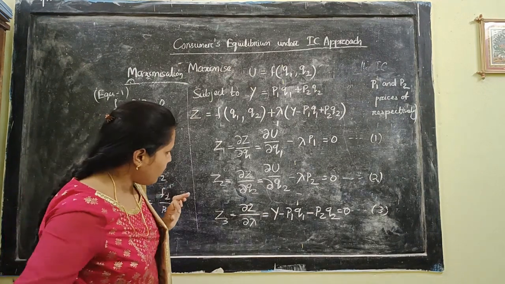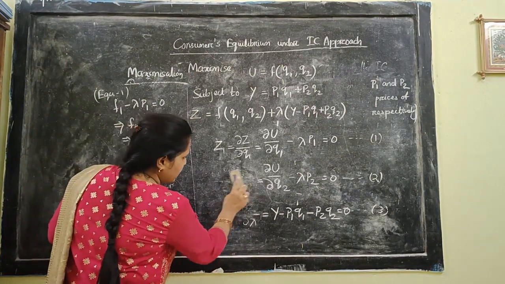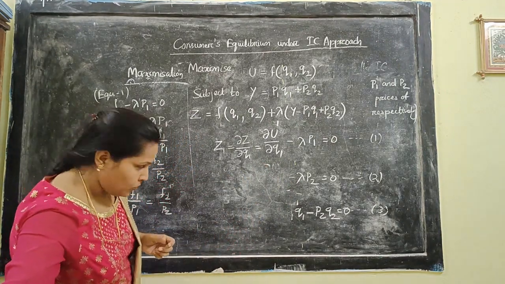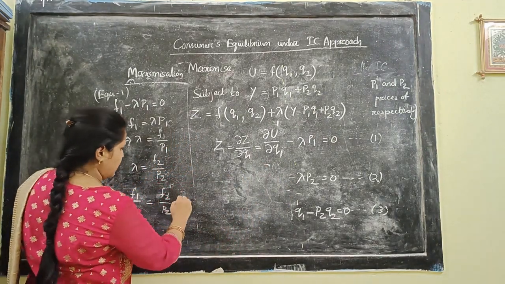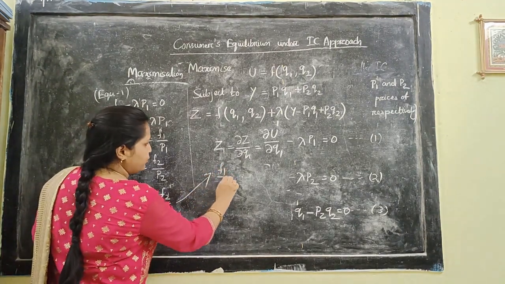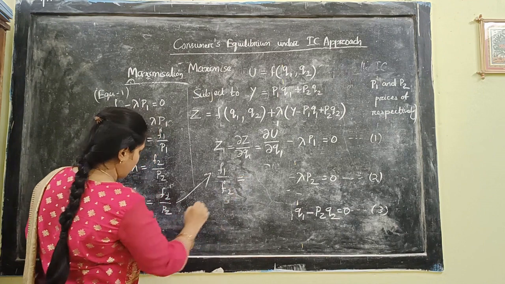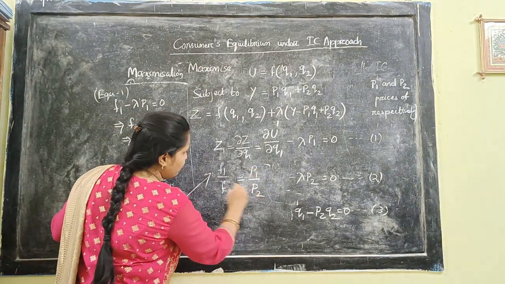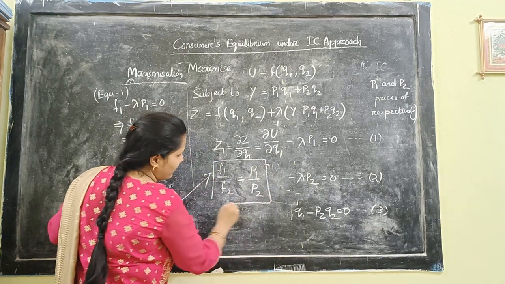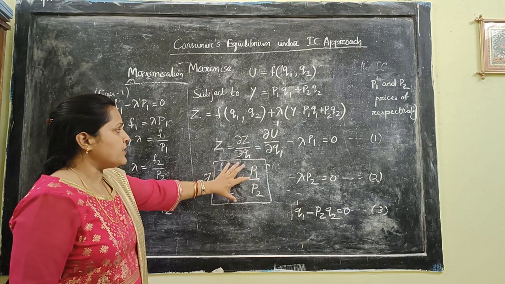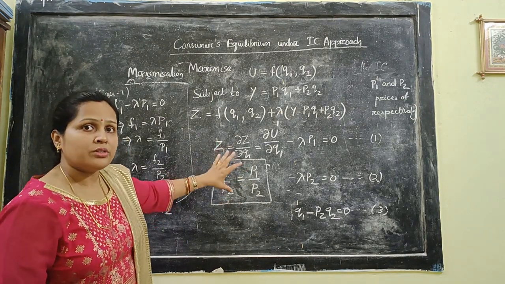So from this what we are getting is F1 by F2 is equal to P1 by P2. And if we go back to the graphical solution, we had also got the same first order condition.